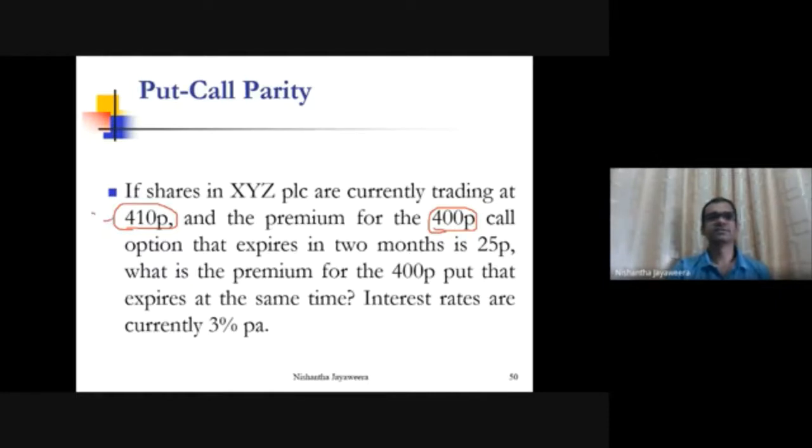This is the spot price. What is this? The premium for the 400p call option. Then what is this 400? That is the strike price. This 20 pence is the premium on the call option.